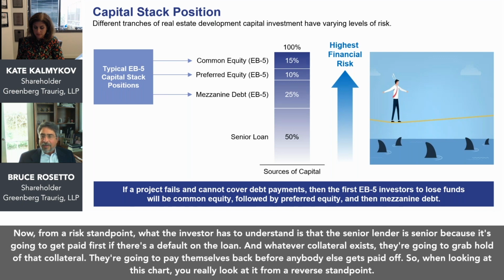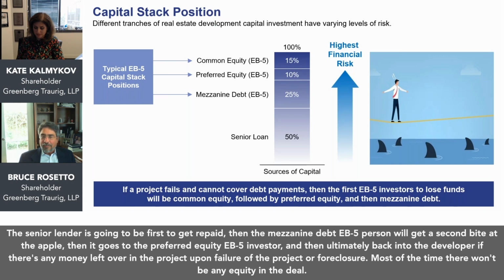Now, from a risk standpoint, what the investor has to understand is that the senior lender is senior because it's going to get paid first if there's a default on the loan. And whatever collateral exists, they're going to take hold of that collateral. They're going to pay themselves back before anybody else gets paid off. So when looking at this chart, you really look at it from a reverse standpoint.